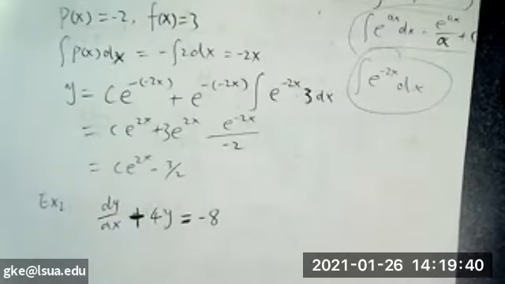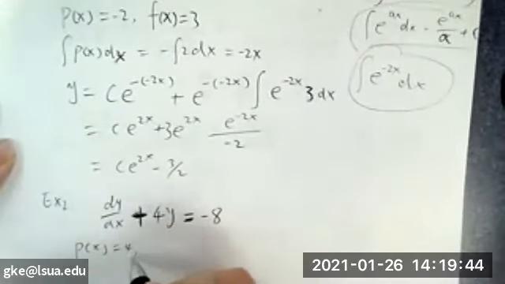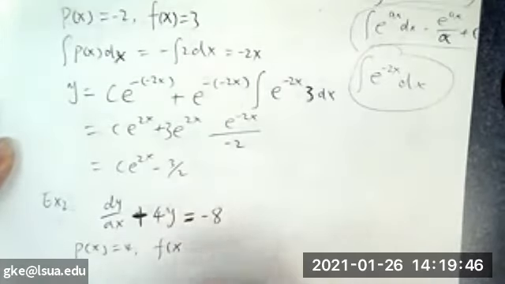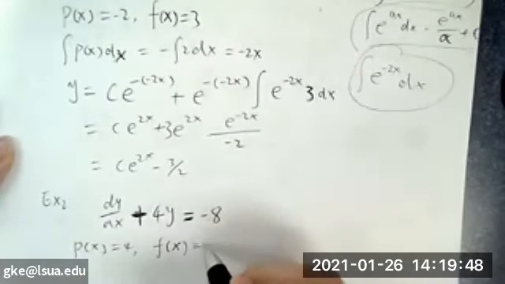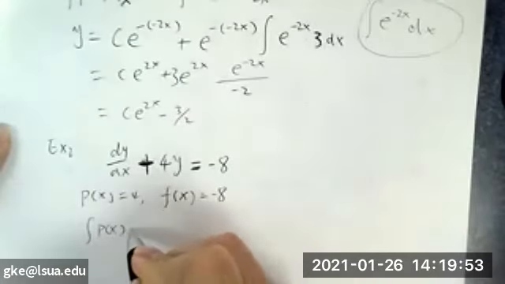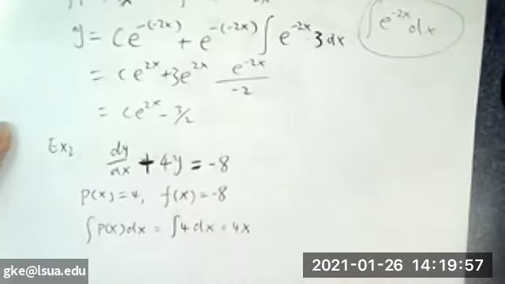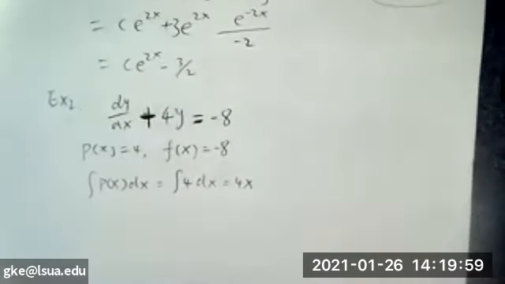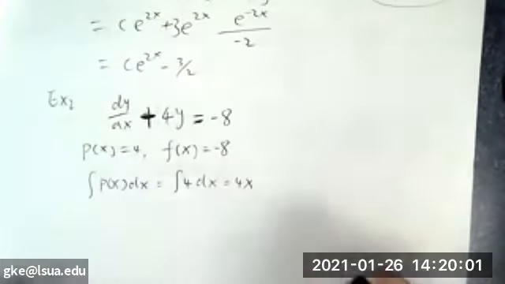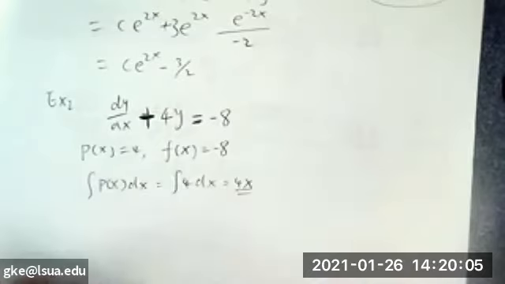Now let me write down the answer on board. p(x) for f(x) equals negative 8. So we do the integral for this guy. I'm gonna do it a little bit faster because it's a routine procedure. So we're gonna have the integral of this guy.